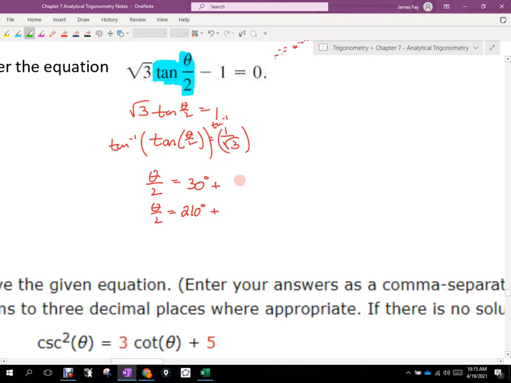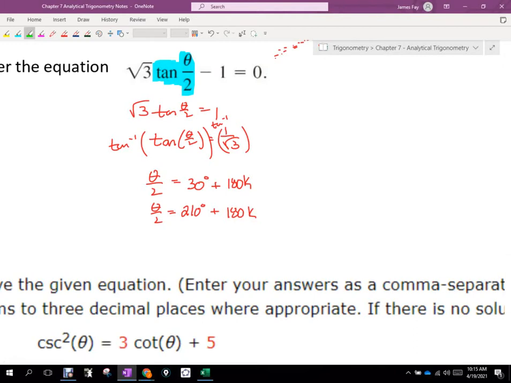And what is the period for tangent? Pi. Okay, so just in degrees, then it'd be the 180, right? So those then are two formulas to get us the infinite solutions of theta over 2.